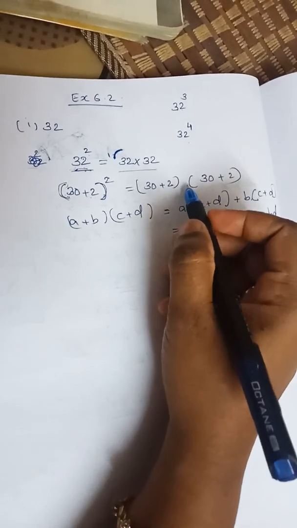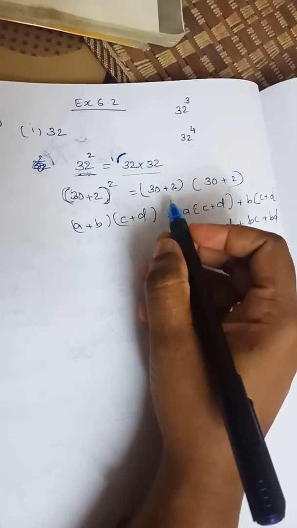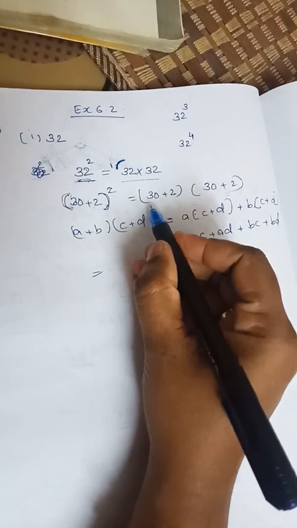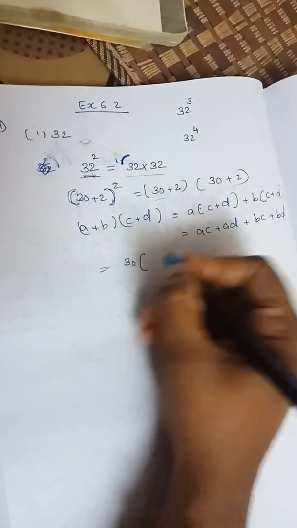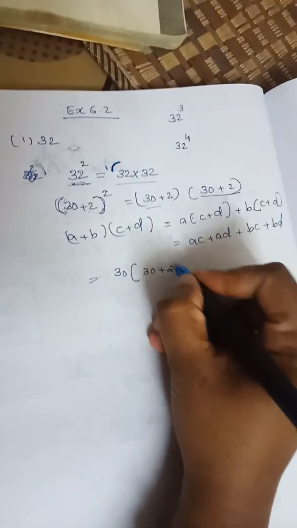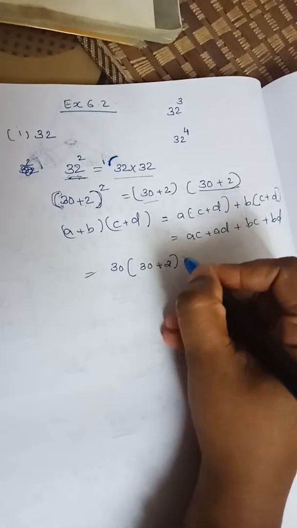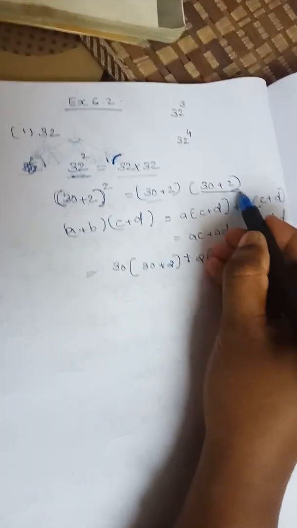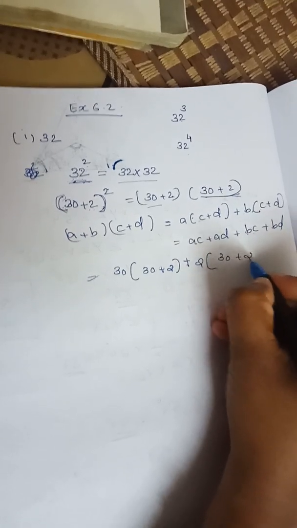So 30 plus 2 the whole square is 30 plus 2 into 30 plus 2, and I am going to apply this. The first number, 30, into the full part 30 plus 2, plus the remaining number 2 into 30 plus 2.